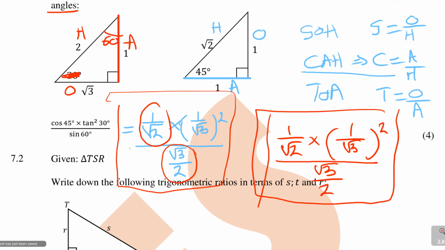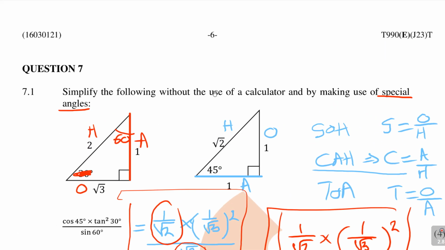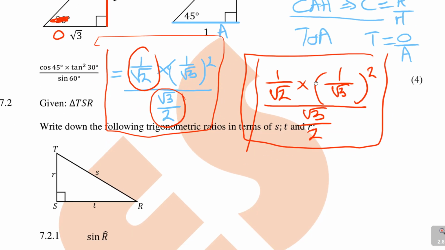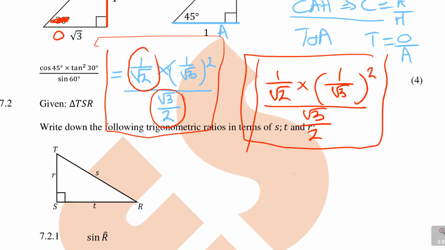Because the question here said use this, without the calculator. Now what you do, you need not show the calculator. You maintain 1 over root 2 there, times, remember this is squared, so it's 1 over 3. Why? Square root times square root is that number. And then over root 3 over 3.